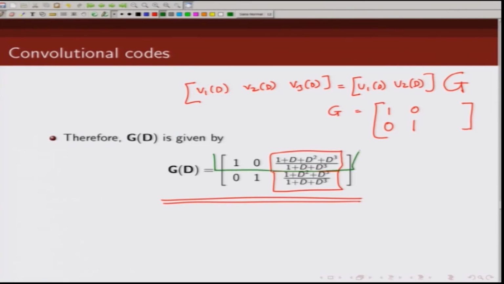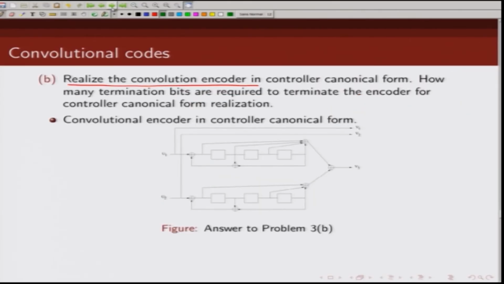So, this is one input, this is the second input, right. Please note this is a feedback polynomial. So, we would require a feedback polynomial, and the maximum degree here is 3 and the maximum degree here is also 3. So, we will require two sets of shift registers.